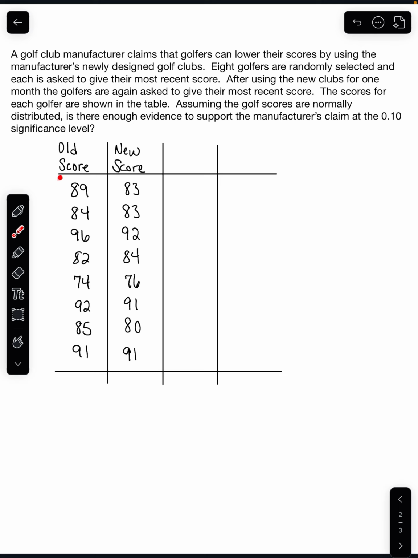So what we can see here is that the first golfer was scoring an 89, and after using the new clubs, scored an 83. So their score went down by 6. That is going to be the difference. 89 minus 83 is a difference of 6.